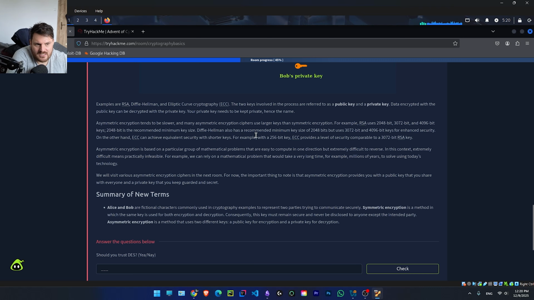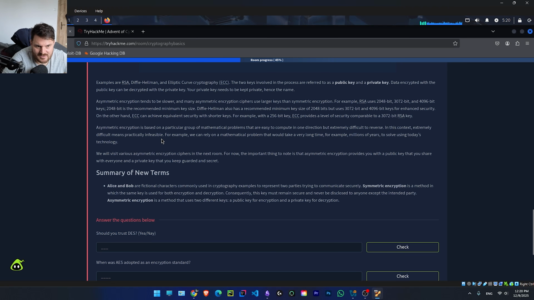Diffie-Hellman also has a recommended minimum key size of 2048 bits, but uses 3072-bit and 4096-bit keys for enhanced security. On the other hand, ECC can achieve equivalent security with shorter keys. For example, with a 256-bit key, ECC provides a level of security comparable to a 3072-bit RSA key.